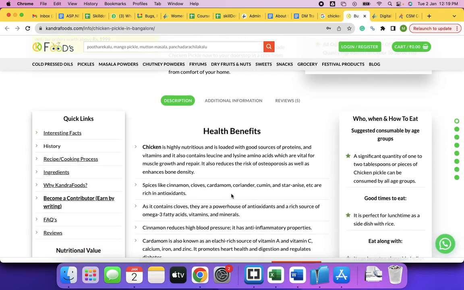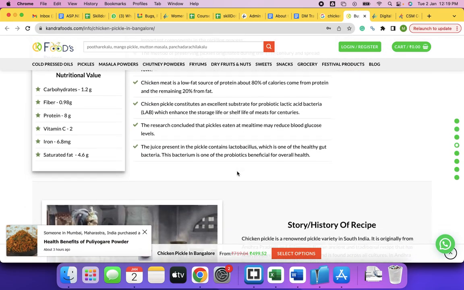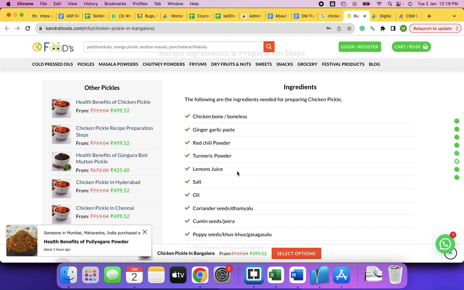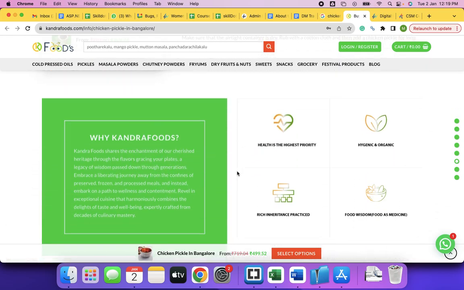See, there is information about the health benefits, interesting facts about the product, its history, recipe, ingredients, and preparation steps.